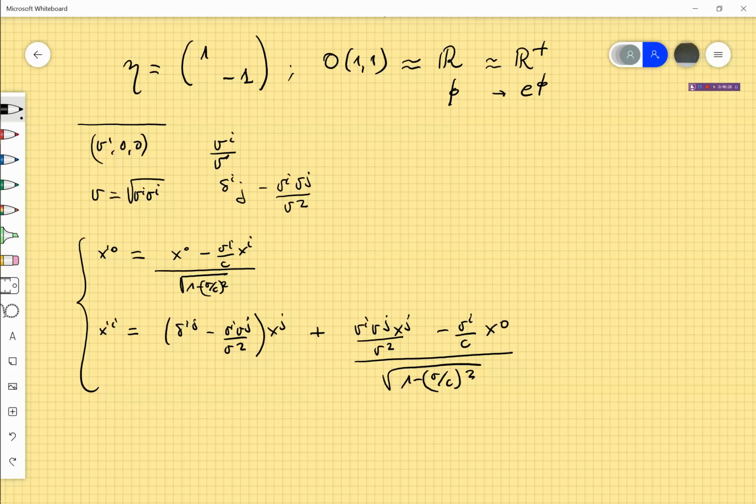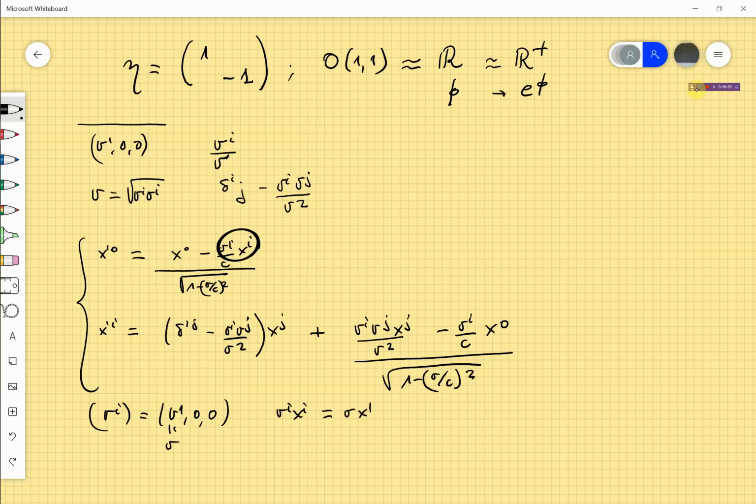So, for instance, if vi only has component v1, 0, 0, you see that vi xi is equal to v x1, which is what we wrote before.